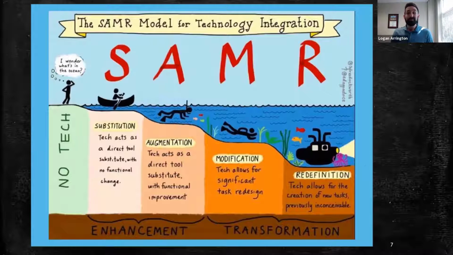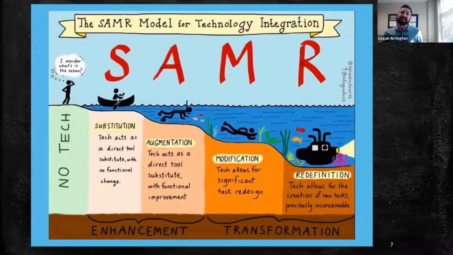Before we go too deep into SAMR, there are a couple of things I wanted to talk about. SAMR is not perfect. I have a lot of criticism for this framework, but I think it's a really good way to think about the integration of technology. The other thing is that, like almost everything in our lives, it's very context dependent.